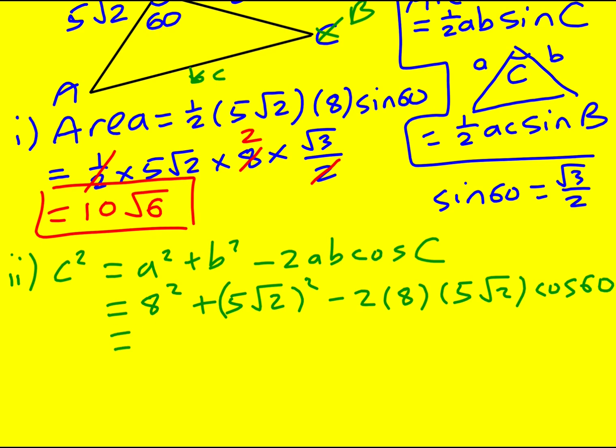Just for info, there is another formula that we could have used directly without relabeling it. It's just an alternative version of the cosine rule. It'd be B squared is equal to A squared plus C squared minus 2AC cos B. That would have worked.